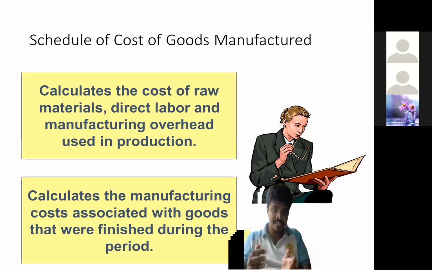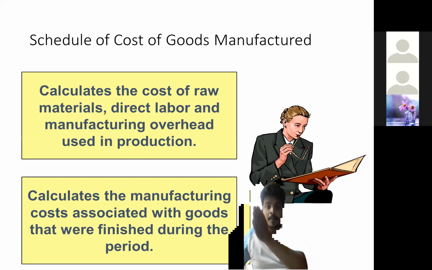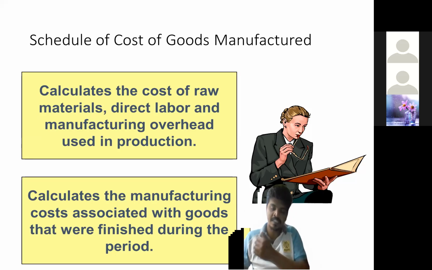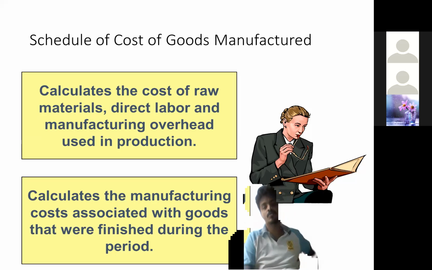If we consider the whole expenses incurred within this period, those expenses are not only for the product which we produced within this period, but also belong to the cost related to that work in progress.